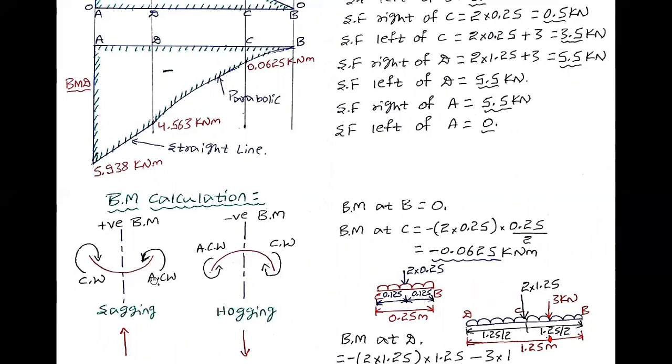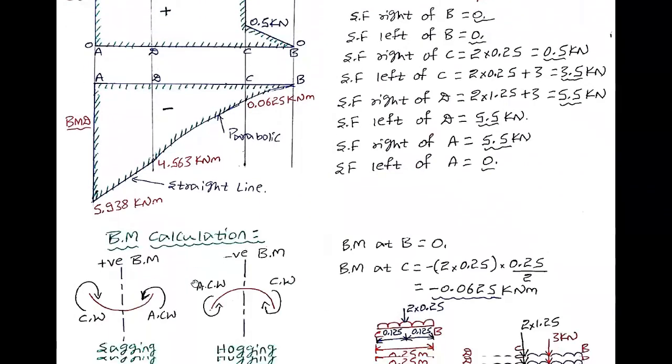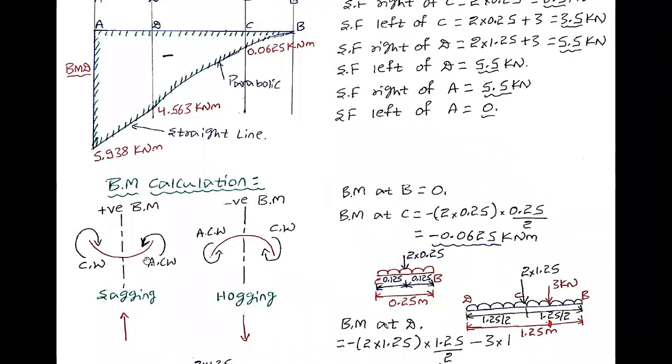Here on the right portion, if it is anti-clockwise, you have to take it as positive bending moment. If you are using the left section method, if it is clockwise, you have to take it as positive. As I mentioned, here I have considered the right portion. On the right side, if it is anti-clockwise, I will take it as positive bending moment. If it is clockwise, I will take it as negative.